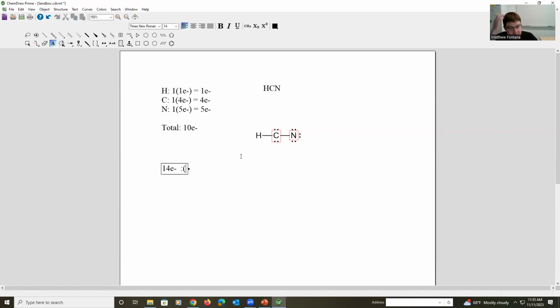This means we are using too many electrons, and so this tells us I'm going to have either a double or triple bond in my structure. Yes, we got to an incorrect answer here, but because we have 14 compared to the 10, that is what tells you that you're going to have double or triple bonds in your answer.